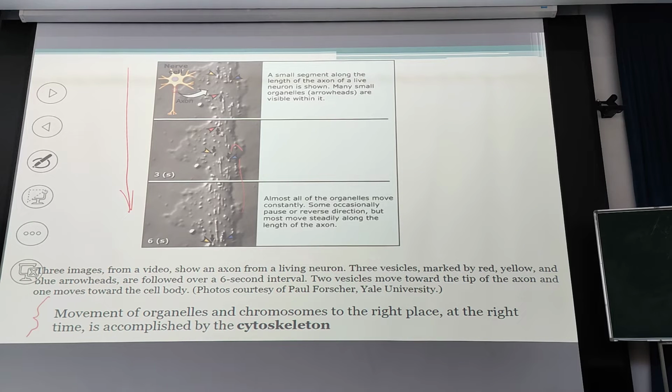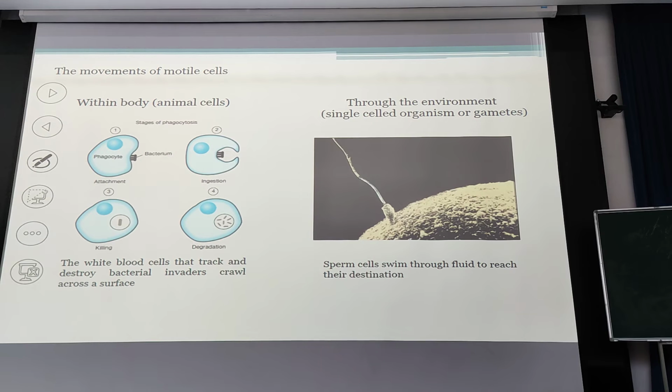So the cytoskeletons move the organelles and also the chromosomes to the right place at the right time. And also, they play very important functions in the movement of moving cells. Within our bodies, there is one type of cell that can move by itself: macrophages, or white blood cells.